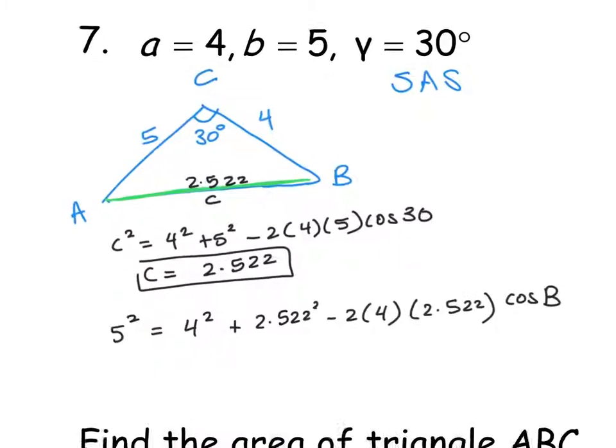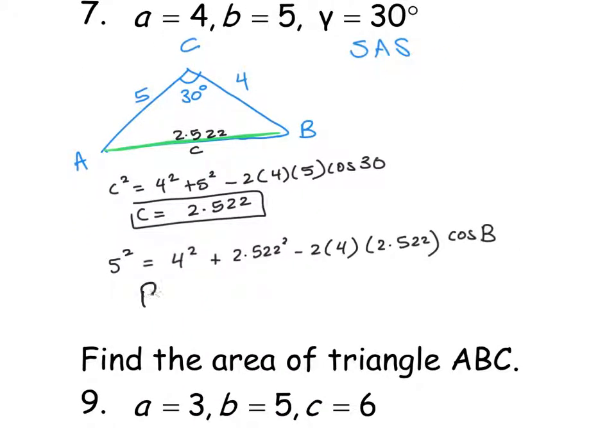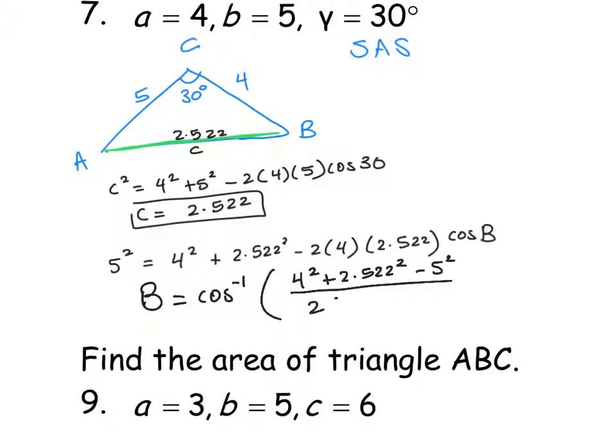So to find the angle B, I need to do inverse cosine of 4 squared plus 2.522 squared minus 5 squared over 2 times 4 times 2.522. So put that in the calculator, and you'll find that angle B is equal to 95.517.